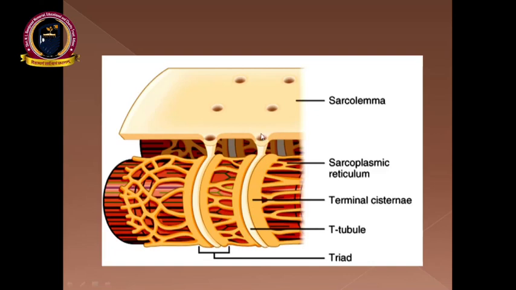T-tubules open outside the myofiber through pores or openings in the sarcolemma, that is the plasma membrane of the myofiber. And these T-tubules play an important role in conveying the action potential and helping in the release of calcium ions from the sarcoplasmic reticulum.